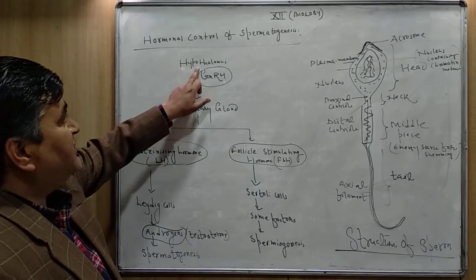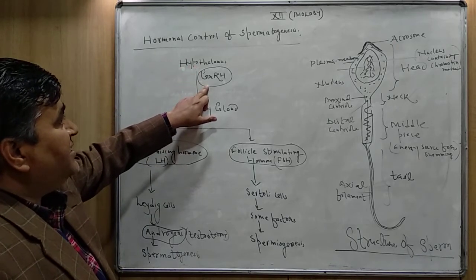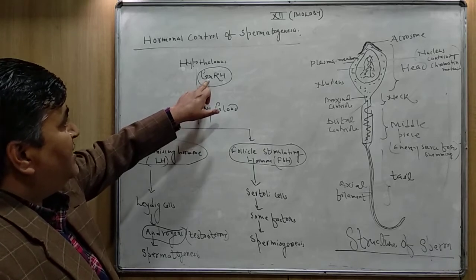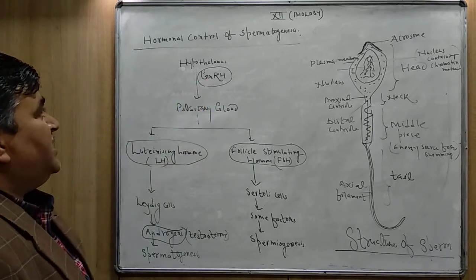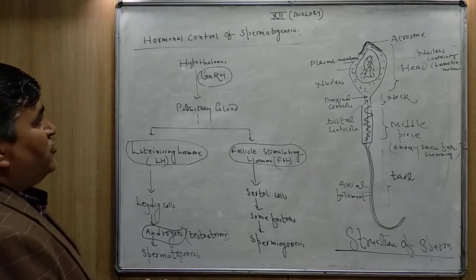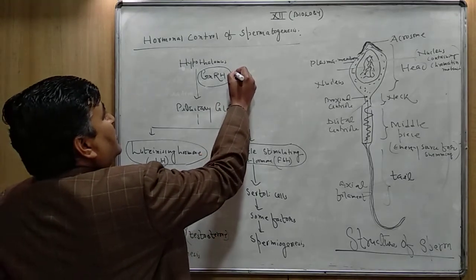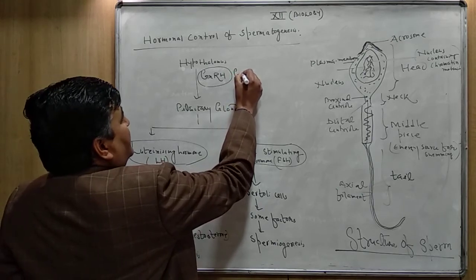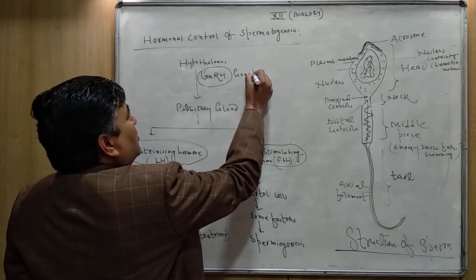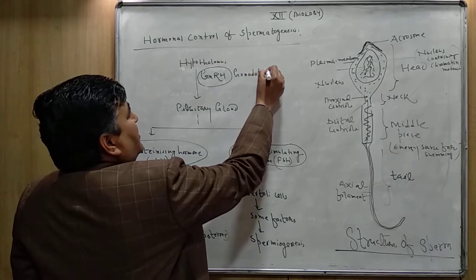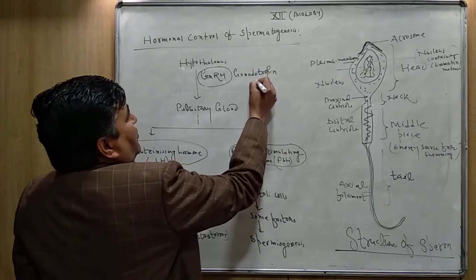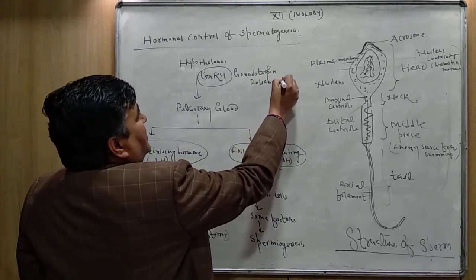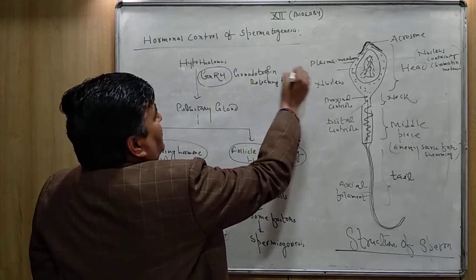Here the hypothalamus first of all releases a hormone. This is called GnRH, gonadotropin releasing hormone. You can write its full form also: gonadotropin releasing hormone.